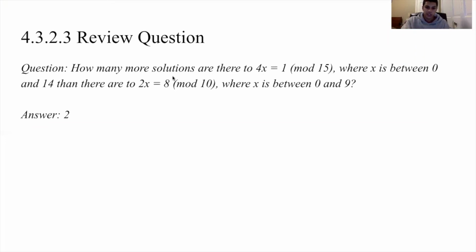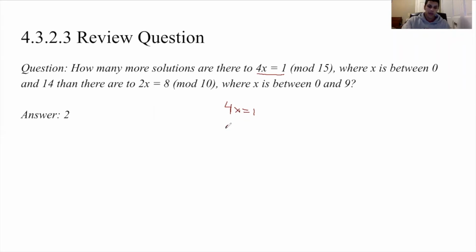So let's start with this equation first. We need to find how many possible solutions there are to x in mod 15, where x is between 0 and 14. So let's write out our first equation. 4x can be equal to 1 in mod 15, which simplifies to a resulting answer of 1.